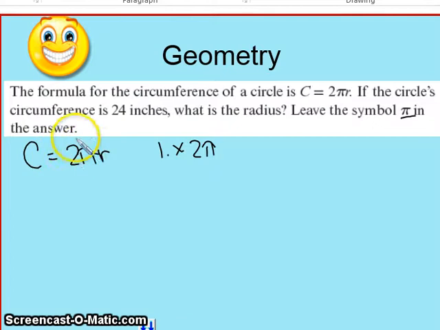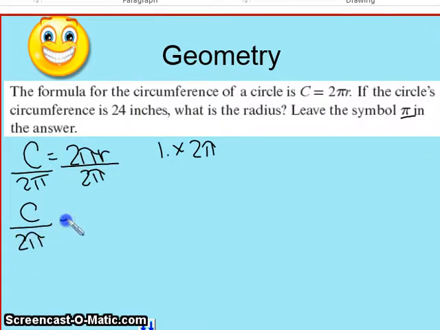So in order to solve for r in this equation, I'm going to do the opposite of that and divide by 2 pi. So that means that C, circumference, divided by 2 pi equals the radius.